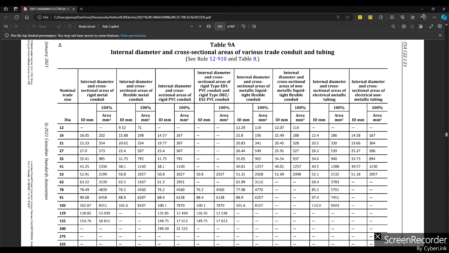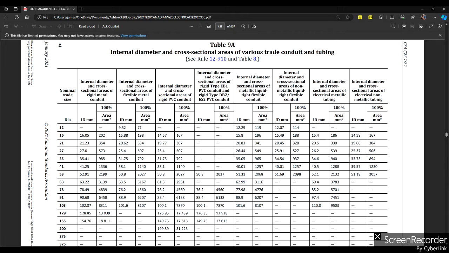All right, so we'll look at a few of these tables here. On the left column, you have your nominal trade size conduit, and here in Canada, it's all in metric. But starting at 16, I know that's a 1/2 inch, then 3/4, 1 inch, 1 1/4, 1.5 inches, 53 mm, a 2-inch conduit, and so on. And then when you go along the top, the heading of each column, we have a column for rigid metal conduit.